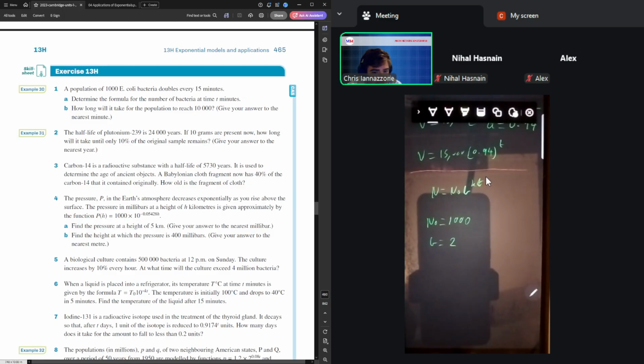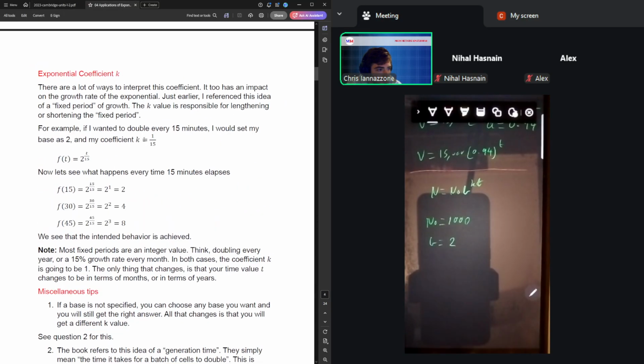But based on what we understand before, if we have information about what that fixed period of growth is going to be, which we do, 15 minutes, if we take a look back at the notes on this, you'll notice it's the exact same example. If it's doubling or growing every 15 minutes, so long as your time t is in terms of minutes, you can now set your coefficient to be 1 divided by whatever that interval is.